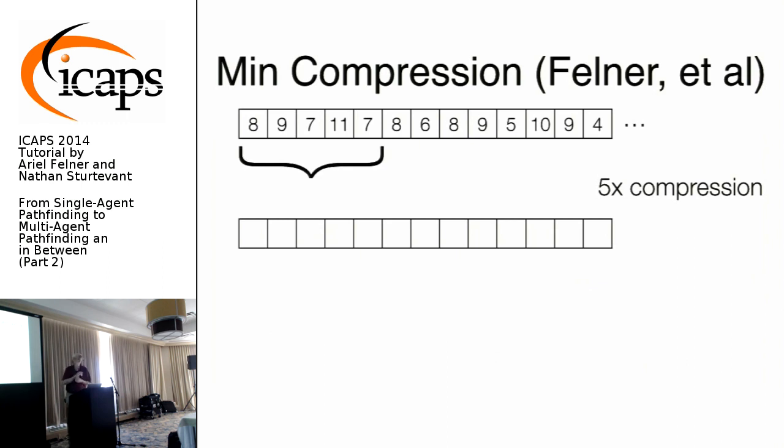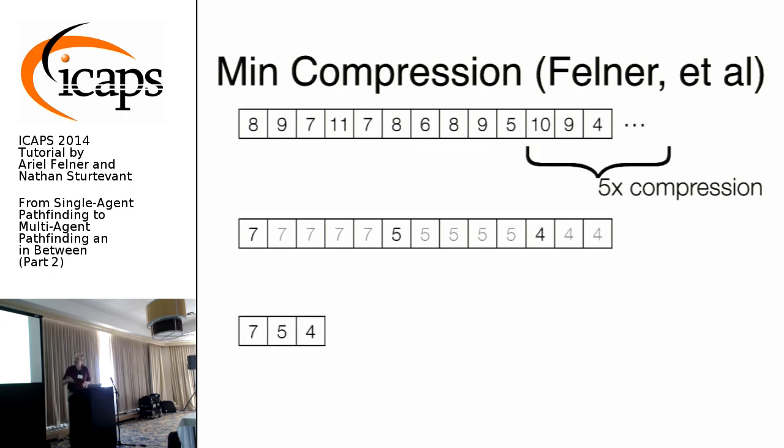The idea is I'm going to take a segment of entries here, and I look at these entries and ask, what is the minimum entry in here? And I'm going to only store the minimum value. So I say 7. Virtually what I've done is I've replaced all of these by a 7. I replace all of these by a 5. I replace all of these by a 4. The actual pattern database that I store is just the 7, 5, 4. So in this case, I'm doing a 5 times compression.